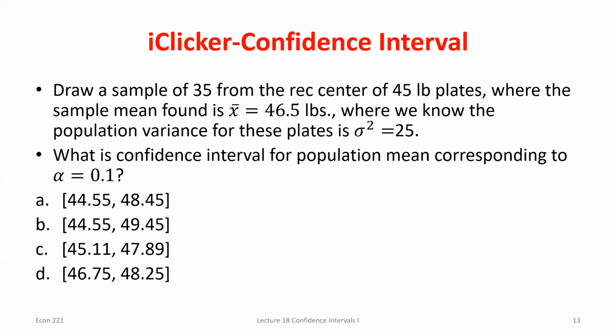Okay. So one thing that's kind of interesting, I'll go through this example a little quick, but I want to at least allude to the usefulness of confidence intervals. So let's say I went over to the rec center and I grabbed 35 different 45-pound weight plates. This might seem like a really dumb example at first, but I measure all of them and I find that from these 35 plates, the average weight is actually 46.5 pounds.